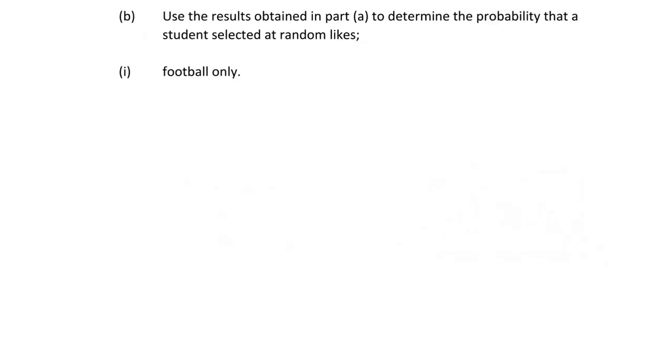Part B: use the results obtained in Part A to determine the probability that a student selected at random likes Roman 1, football only. Okay, so to find the probability that a student selected likes football only, we first find the variable x. We know that students who like tennis only plus students who like football only plus students who like both plus students who like neither equals 40.